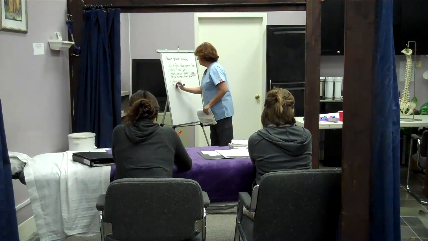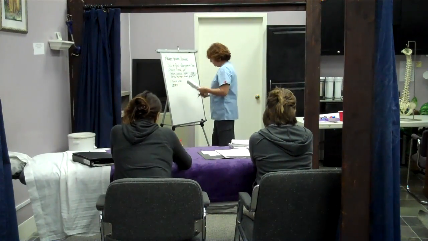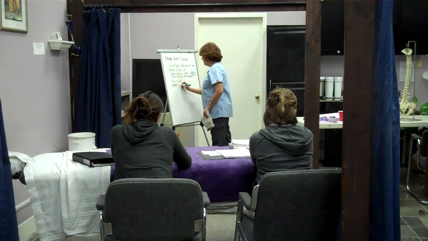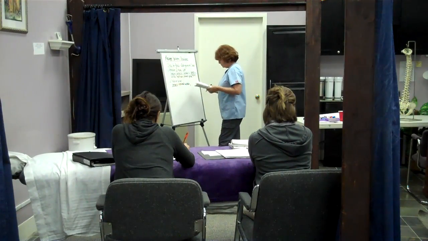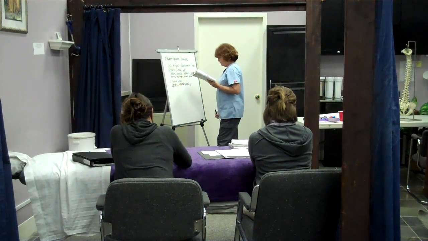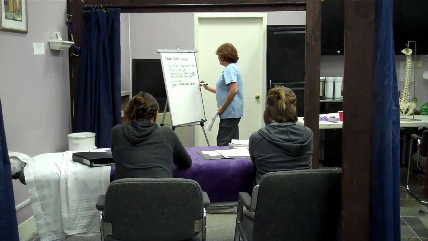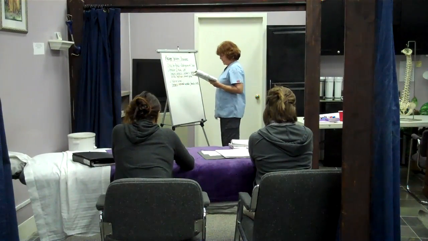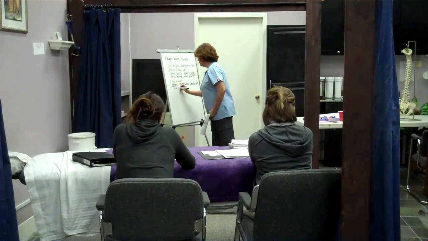This one contains the external carotid artery, the facial nerve, better known as cranial nerve 7, and the styloid process.